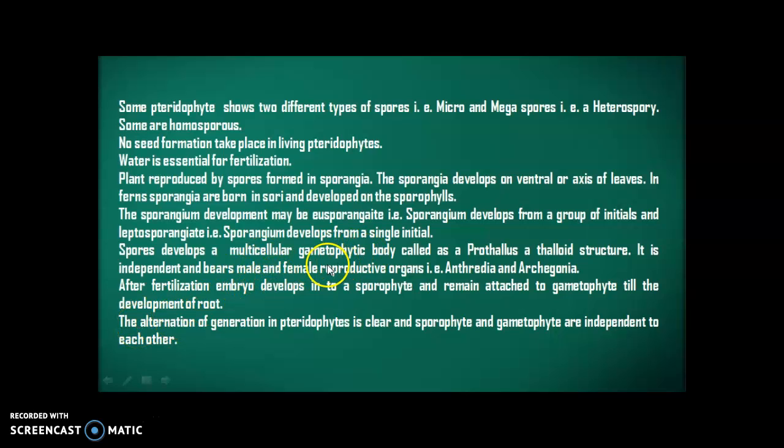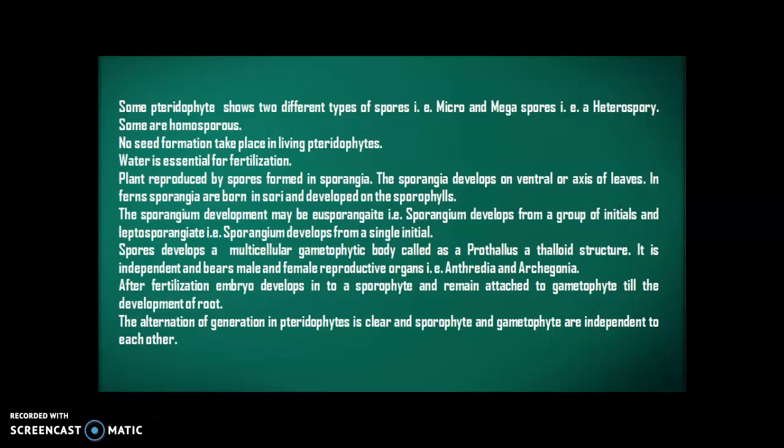Spores develop a multicellular gametophytic plant body, and that plant body is called a prothallus, that is a thalloid structure. This prothallus is independent and bears male and female reproductive organs, antheridia and archegonia.